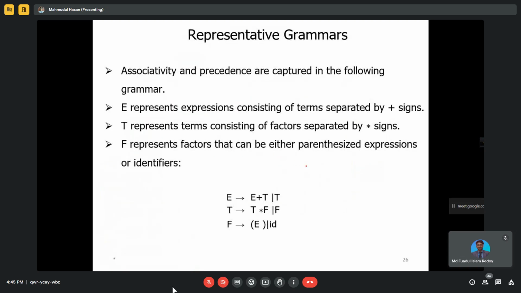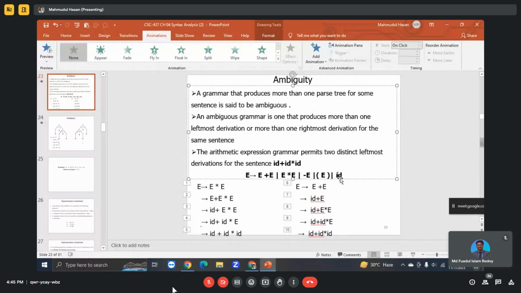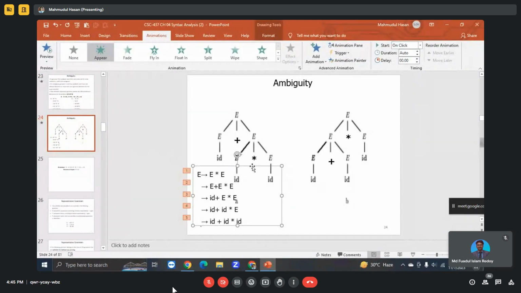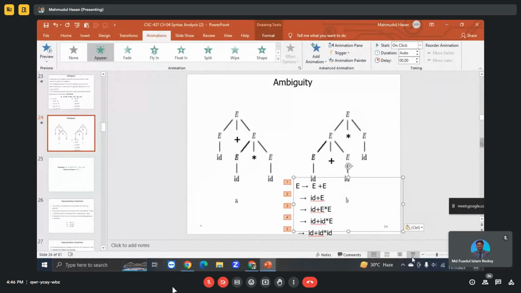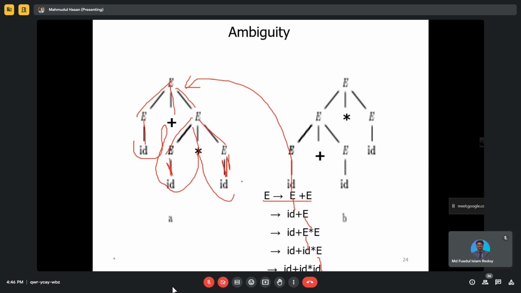So this is also ID plus ID into ID. Got it, everyone? So this is your homework.